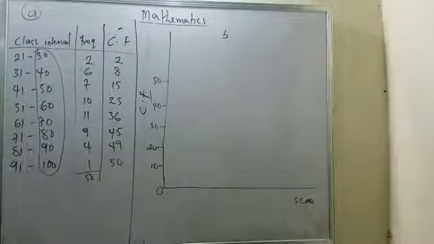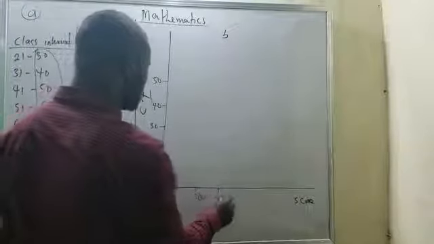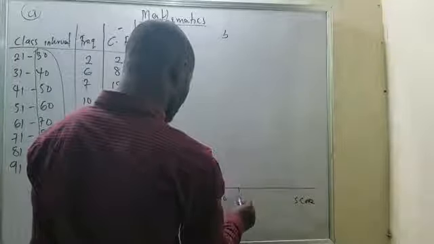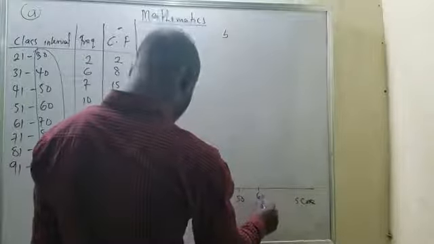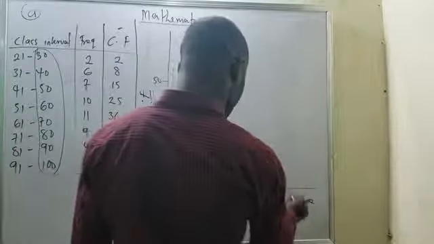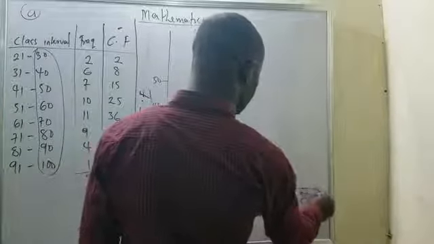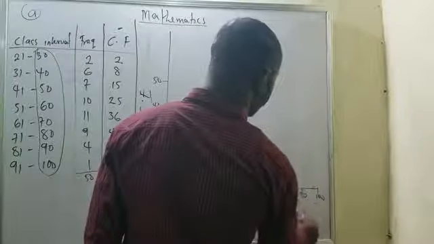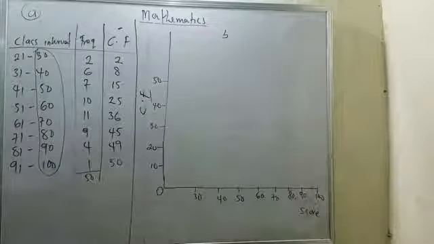We have 30, 40, 50, 60, 70, 80, 90, and 100. These are my scores. Make sure you put an indicator there, just to indicate what you are doing.